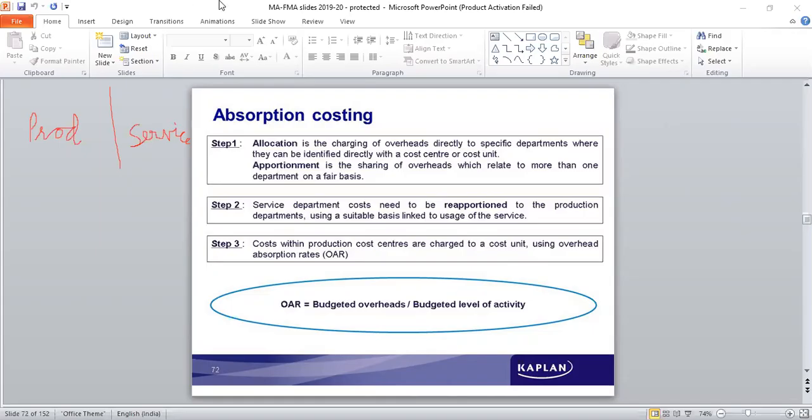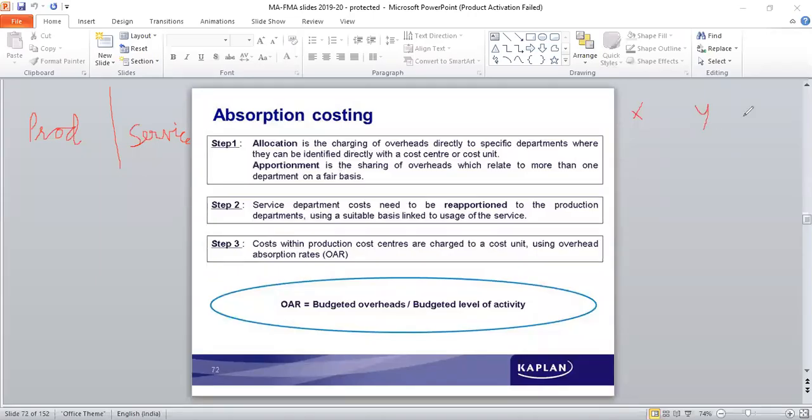See, let's say that two products, X and Y, are produced in a factory. Initially, when the production related costs are incurred, product X is produced in production department 1, so they incur some cost. Product Y also incurs some cost. Later on, certain other departments incur some services.